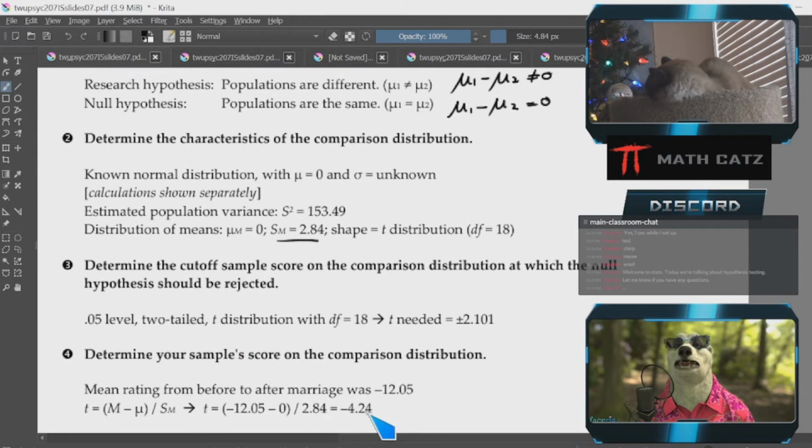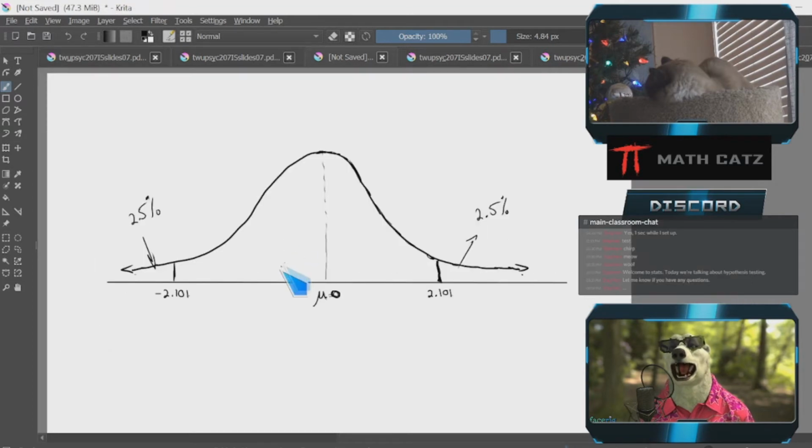Plug it into the formula, we get negative 4.24. Let's put that over there. So this is t cutoff, and this will be, let's give ourselves some space, t observed.